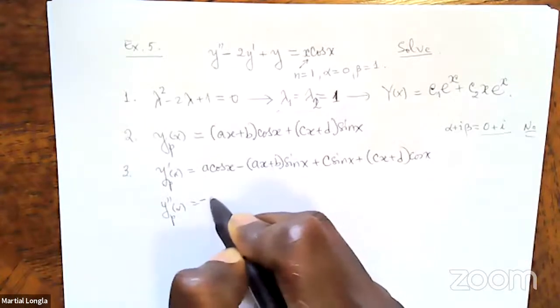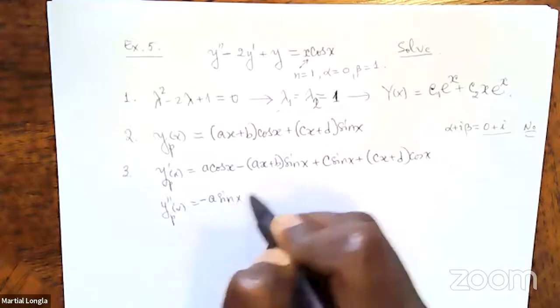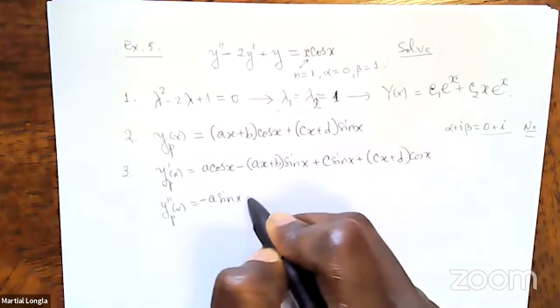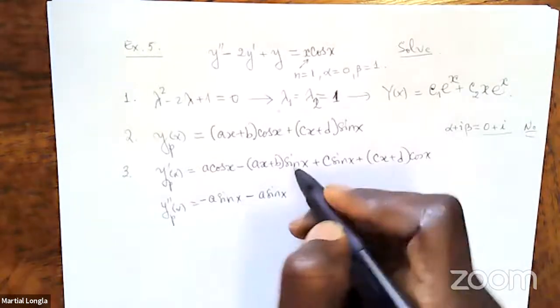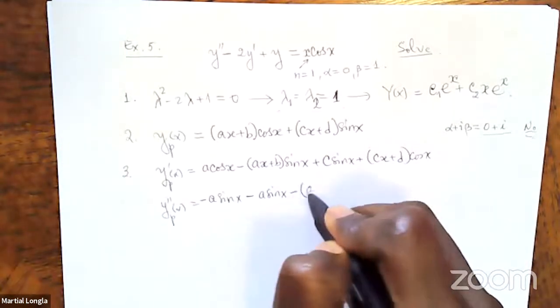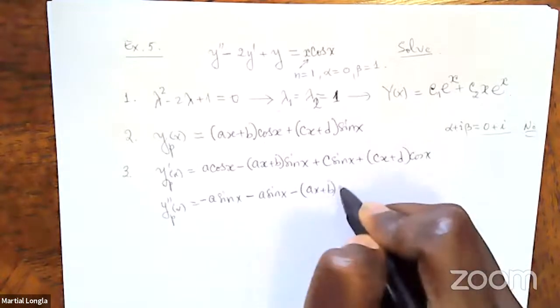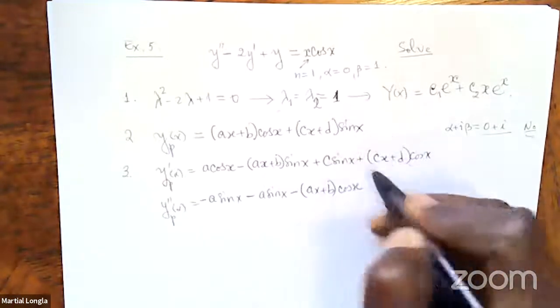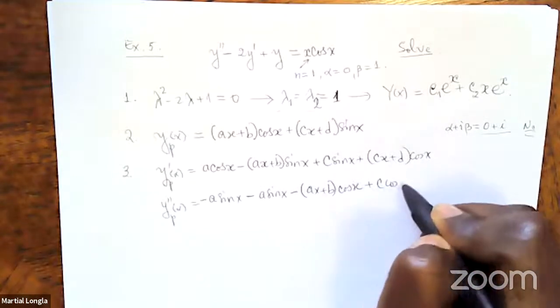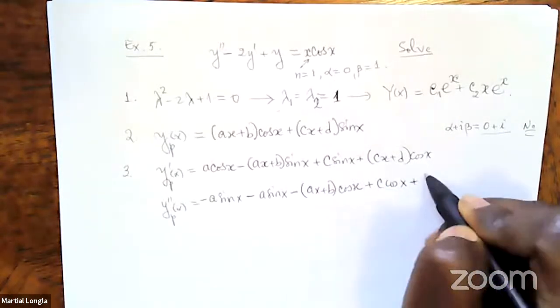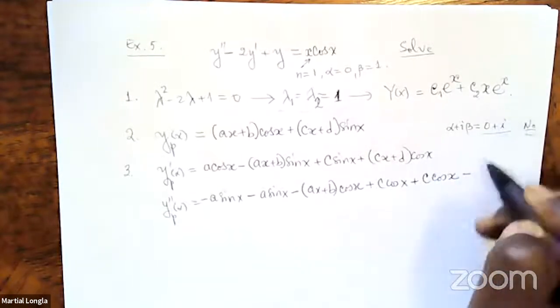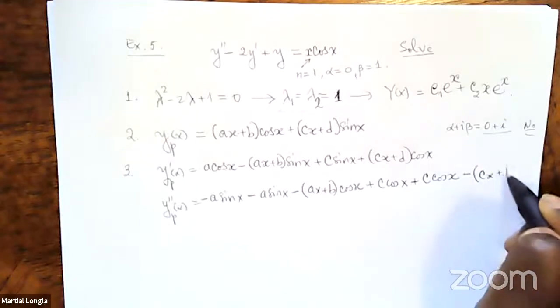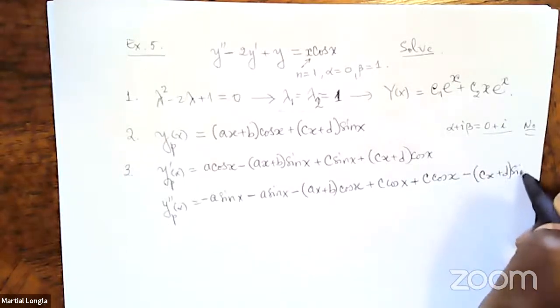Derivative of cosine is minus sine, and here again you have a product, so minus a sine x. Then the derivative of sine is cosine, minus ax plus b cosine x, plus c cosine x, plus c cosine x. Then the derivative of cosine is minus cx plus d sine x. So here are the derivatives that you need.